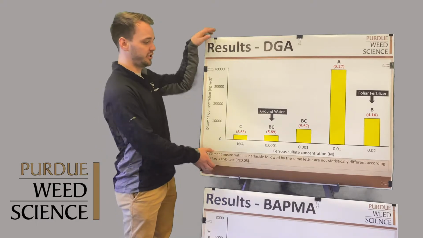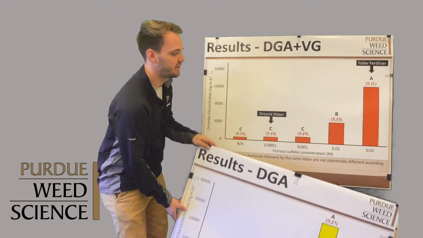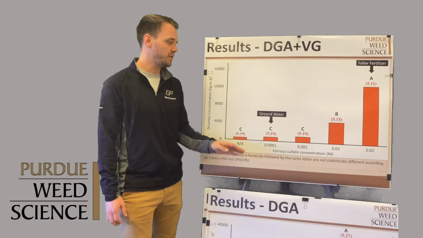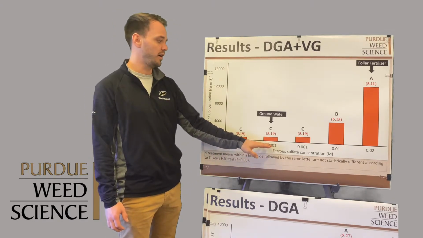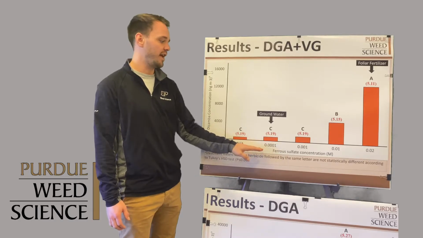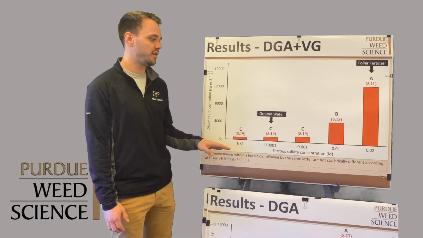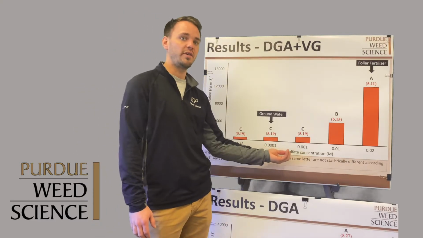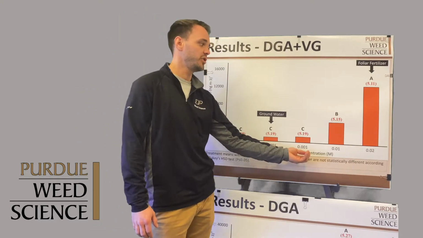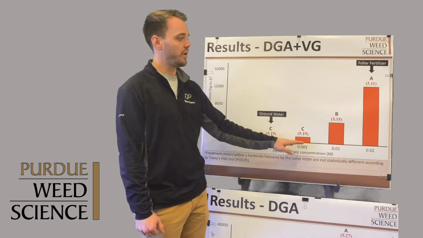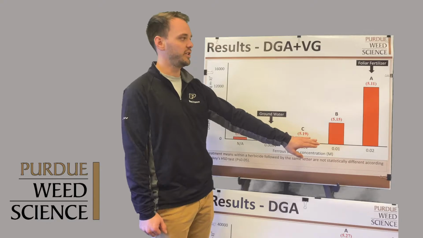spray solution pH. And then lastly, when we look at the dicamba plus VaporGrip formulation, we once again see a very similar trend, where whenever we add ferrous sulfate at a rate equivalent of iron found in groundwater, we do not increase dicamba volatility. However, as we increase our rate of ferrous sulfate within the spray solution, we tend to get an increase in dicamba volatilization all the way through the 0.02 molar concentration.